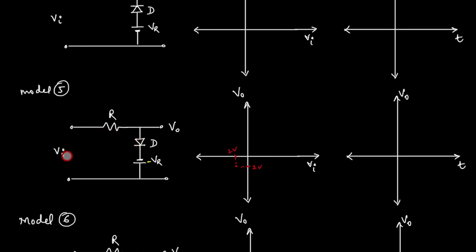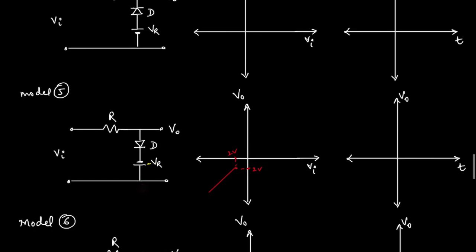Now this is showing downwards, so positive, whatever comes here, it will overcome this. What will happen if negative comes? This is open, so all negative voltage will go to the output. So for all negative, this is the slope. For positive, it is a short circuit and it will overcome this.